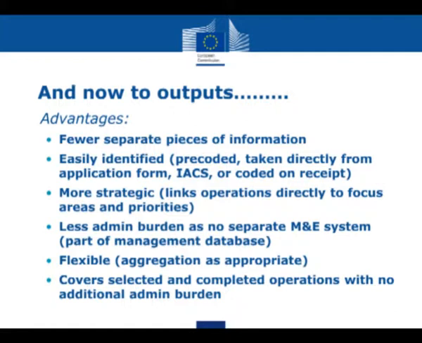If we're thinking about tracking environment climate expenditure, if we're thinking about performance, we have that there without having to do an extra exercise. It's already there. So less administration burden because all these things are part of the management database. There doesn't have to be a separate monitoring and evaluation system with a separate aggregation and keeping of the data.